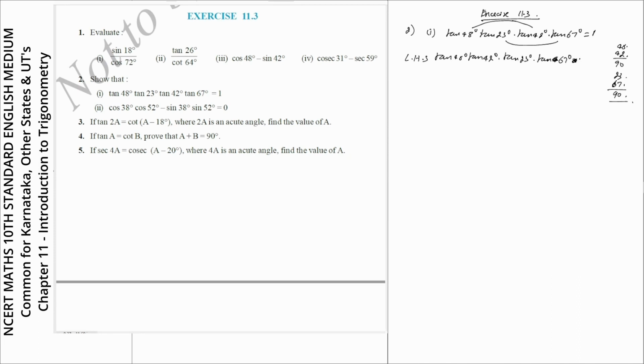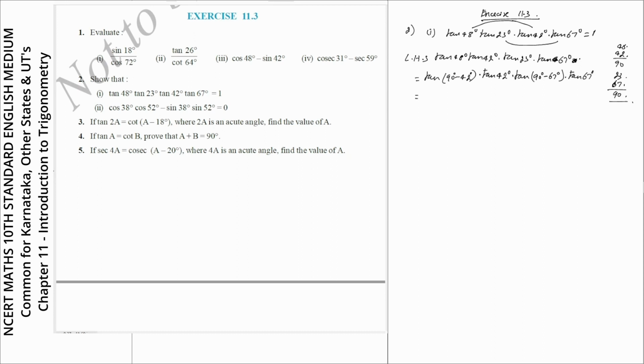Now tan of 48 degree I can write as tan of 90 minus 42 degree, and tan 42 degree I'll write as it is, into tan of 23 degree, which I can write as tan of 90 degree minus 67 degree, and tan of 67 degree I'll write as it is.